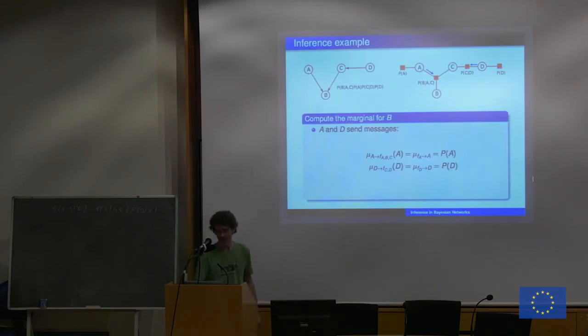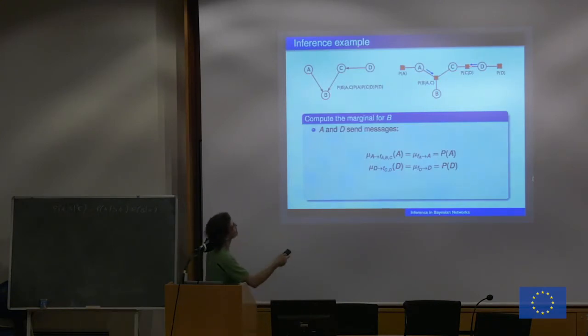Now the internal factors take the incoming messages, multiply them by the probability they hold, and sum up over the variables which are not the destination. In the chain, you summed up over the previous variable. This, if you look at it, is also a chain, so you sum over D. When you have more incoming links, you sum over more variables.